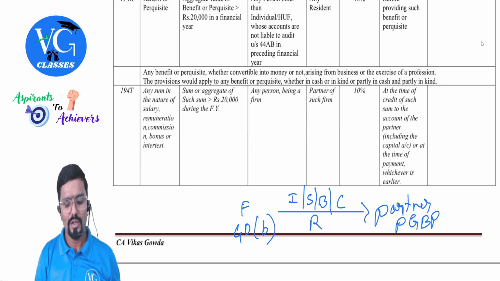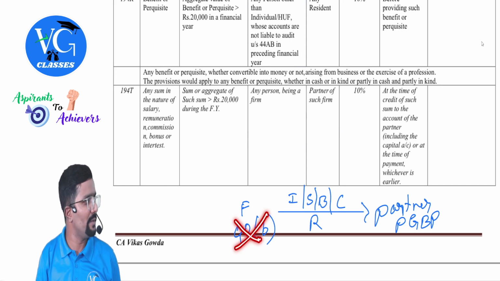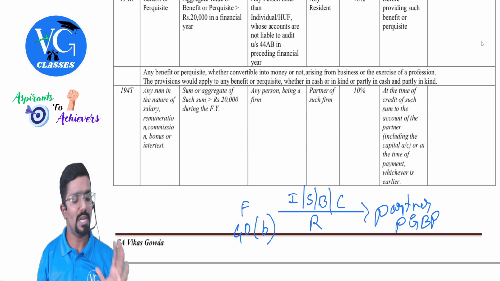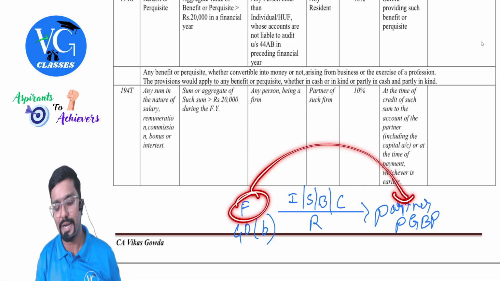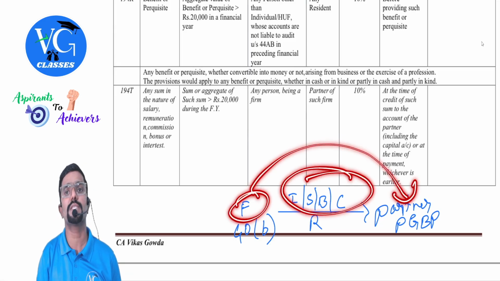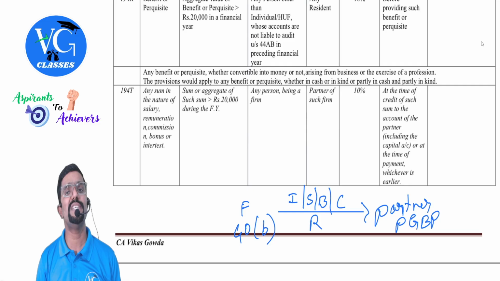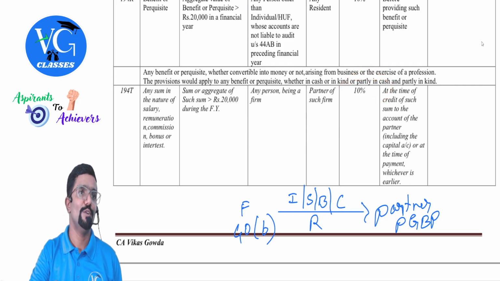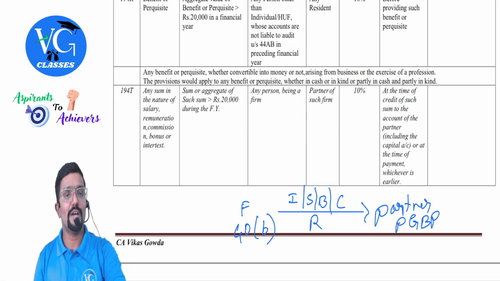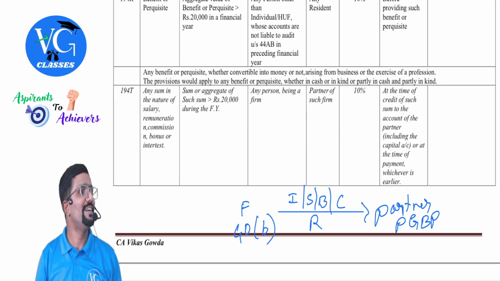And here they didn't tell whether we should consider how much is allowed under 40B. No, they have not told. That means whatever the firm is paying to the partner in the name of interest, salary, bonus, commission, if it is more than 20,000, then TDS has to be deducted at 10%. So finally, we have covered all the sections of TDS.